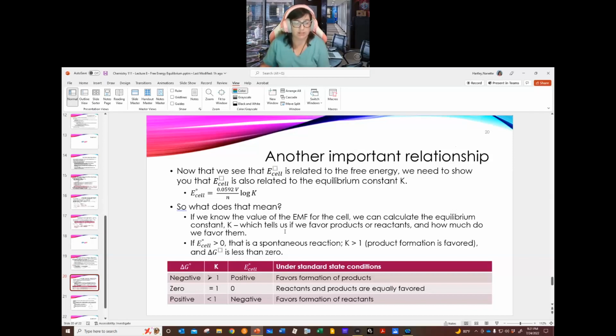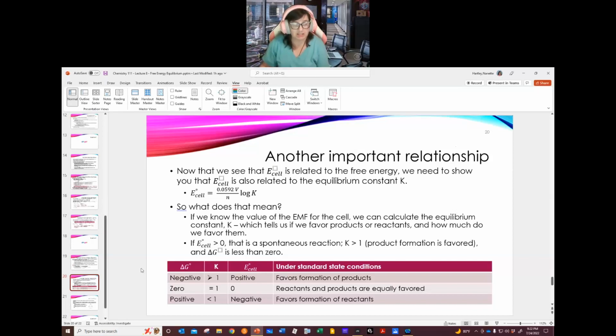If E naught cell is greater than 0, that is a spontaneous reaction. We just talked about that. So E is positive, that's spontaneous. Delta G is negative. K is greater than 1, which means that product formation is favored. So as it's written, we want to go forward.